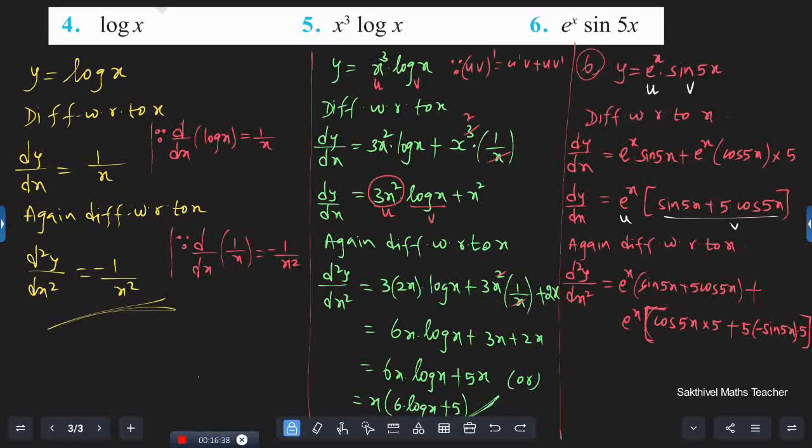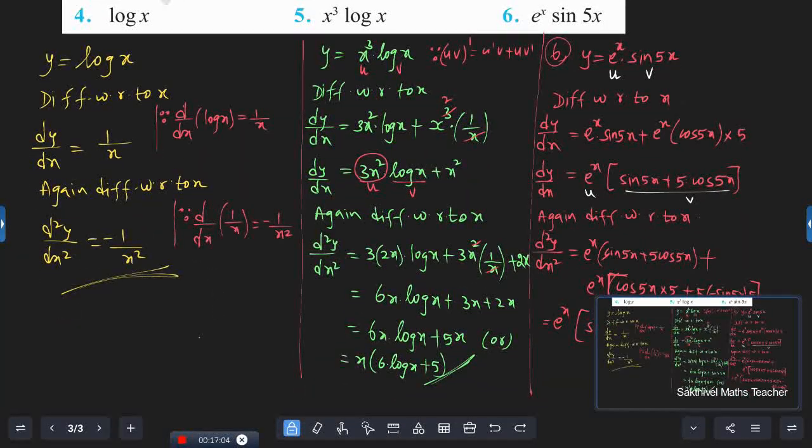So when you take e power x again outside, what I am getting here: sin 5x, 5 cos 5x. Now 5 into cos 5x, 5 into cos 5x, 5 5s are 25, minus 25 sin 5x. Okay, we have to simplify this.